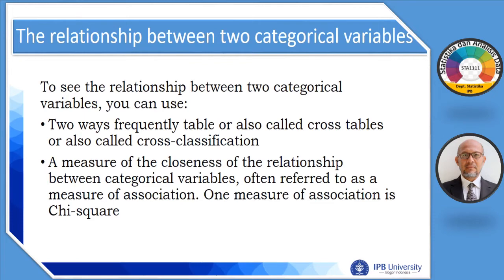Okay, I think we discussed a little bit about this in earlier lectures. The second one, a measure of the closeness of relationship between categorical variables, often referred to as a measure of association, where the measure of association is chi-square.